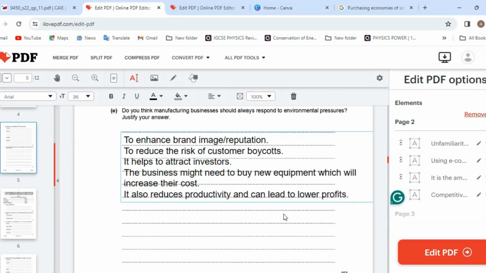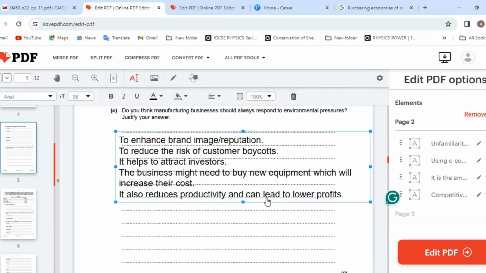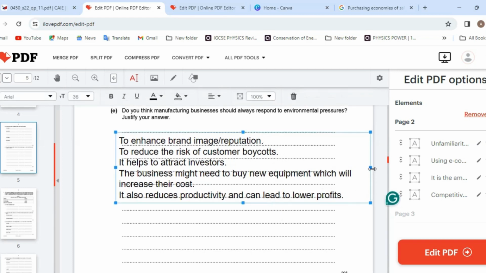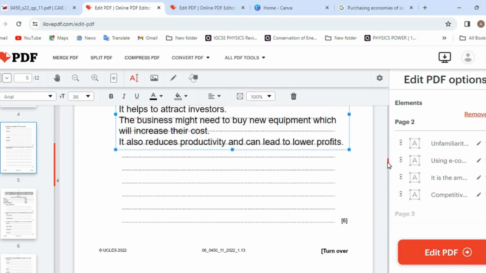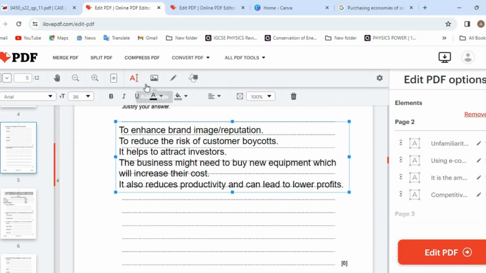You have to give your valid points why they should respond to the environmental failure. Your justification might include what? Let's try and put our justification based on what we have here.